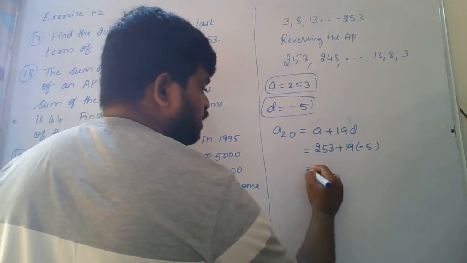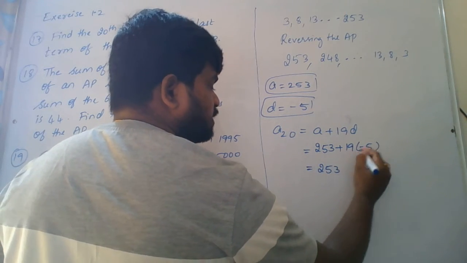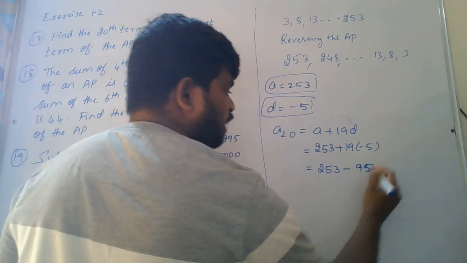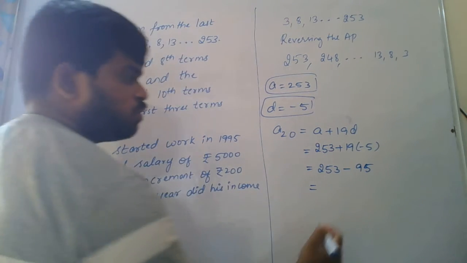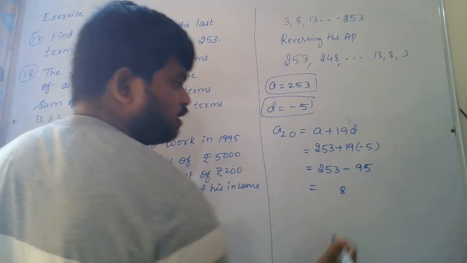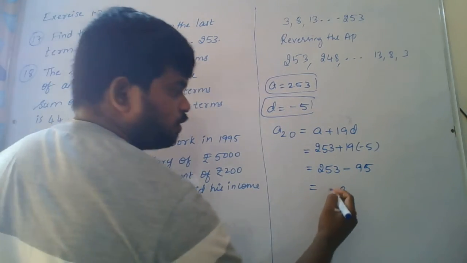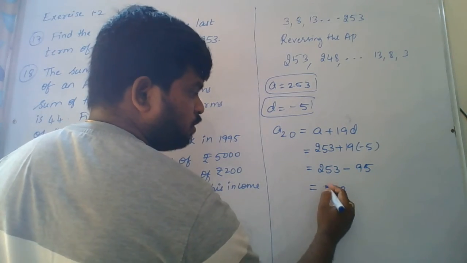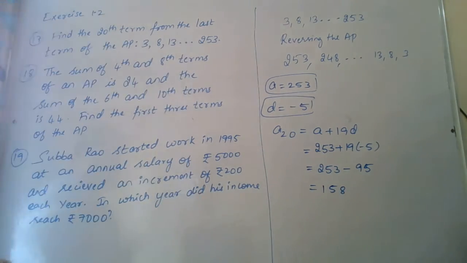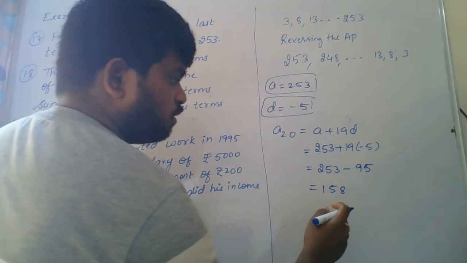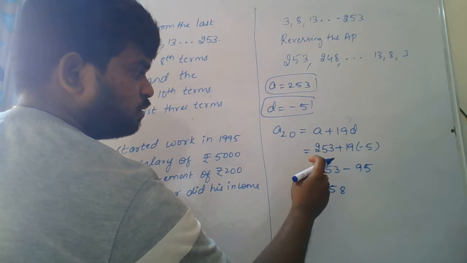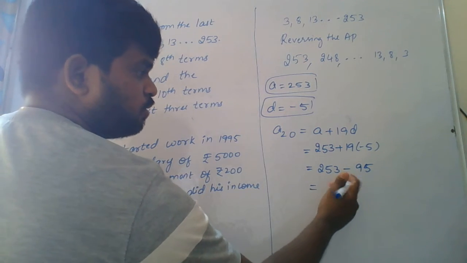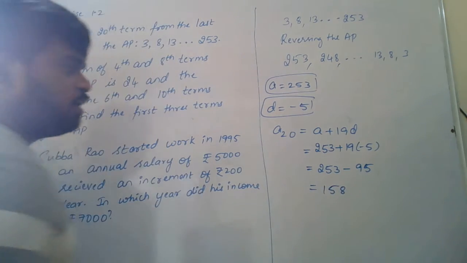You get 253 plus, into minus is minus, 19 fives are 95. So you get 158. Yes, it's correct, 158.